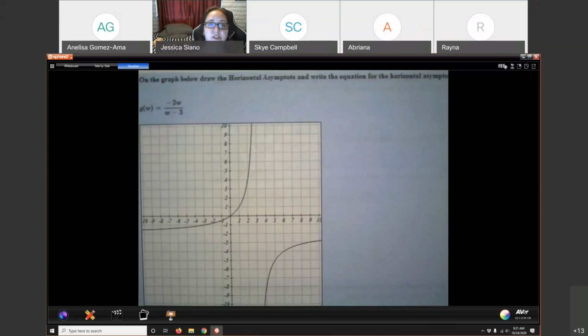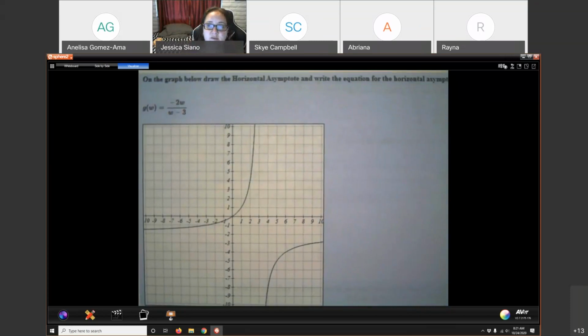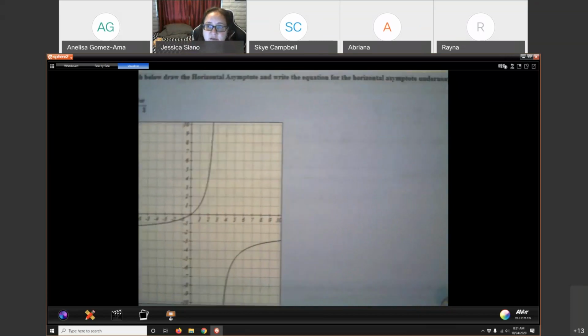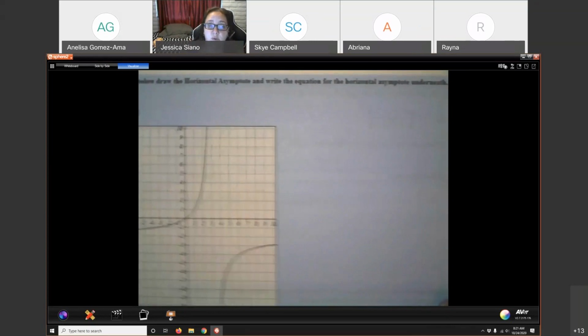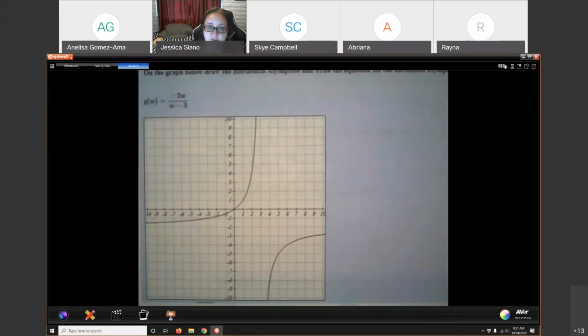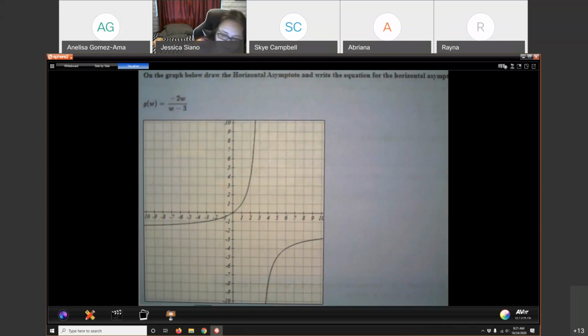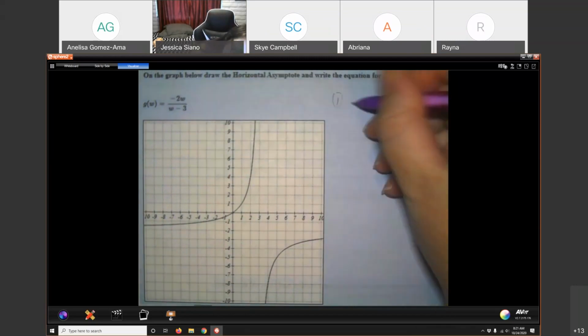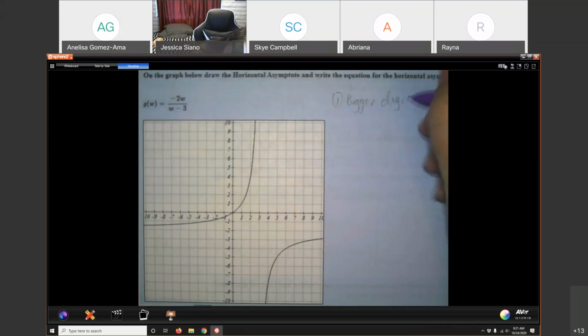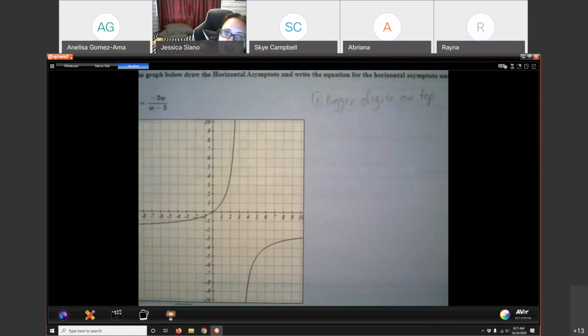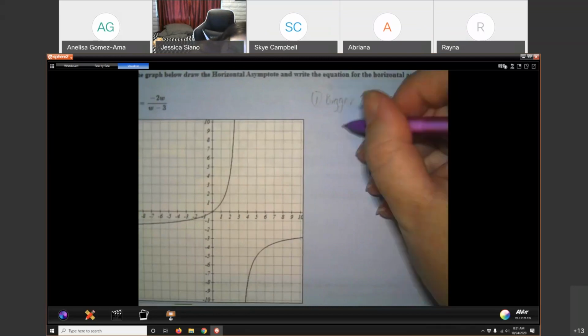All right. So draw the horizontal asymptote and write the equation for the horizontal asymptote. So when we're talking about horizontal asymptotes, we have 3 scenarios. Your first scenario is if you have a bigger degree on top. And in that case, you would have no horizontal asymptote.